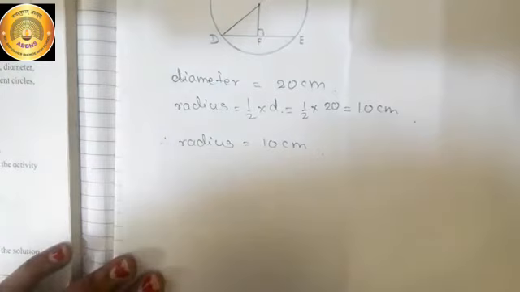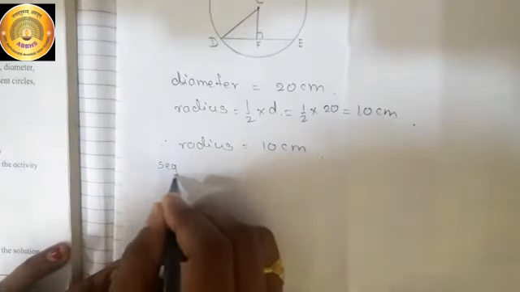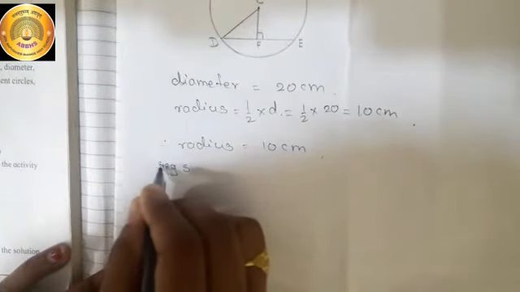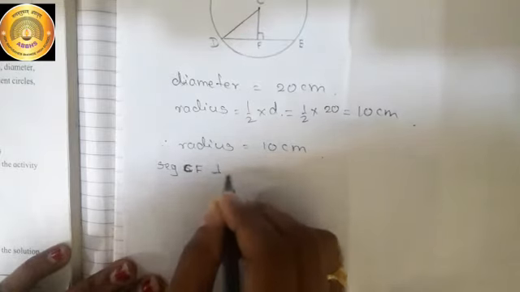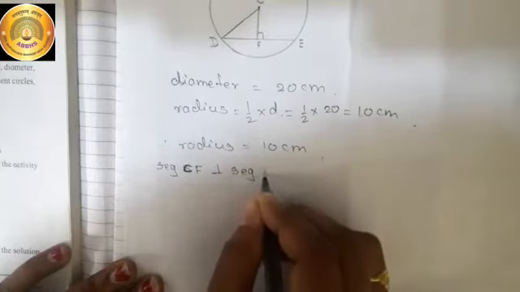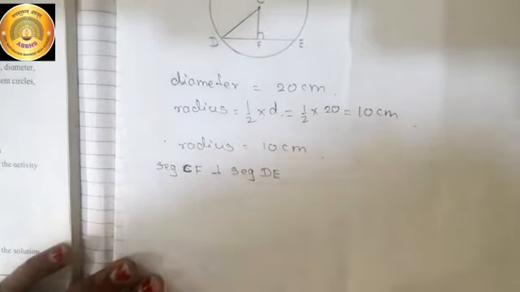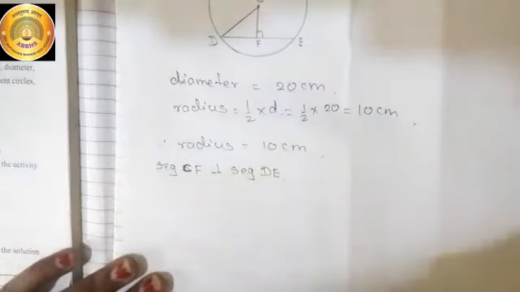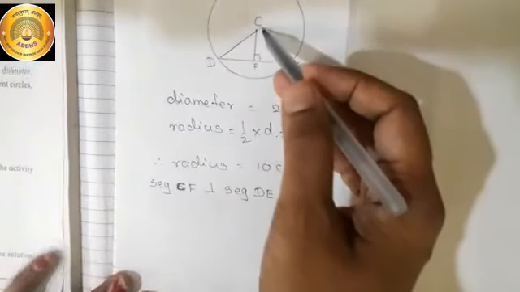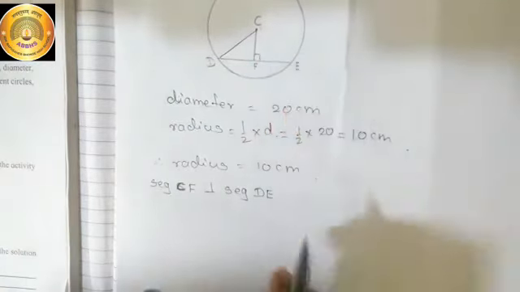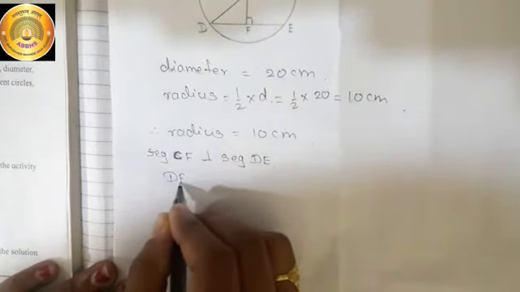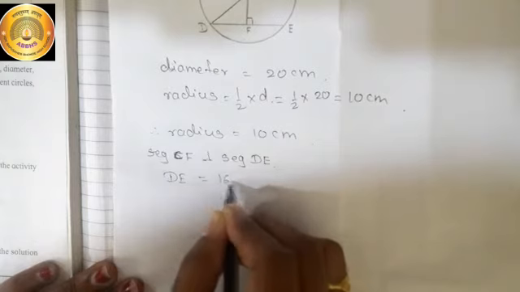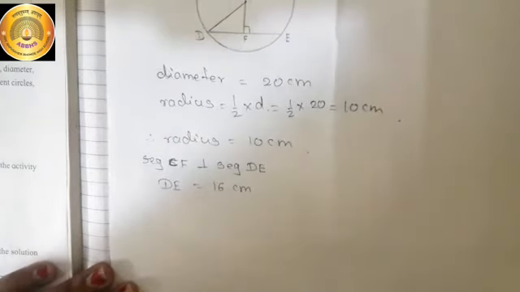Here seg CF is perpendicular to seg DE. Just now we have seen the property that a perpendicular drawn from the center of the circle to the chord bisects the chord. This chord DE is given as 16 centimeter.